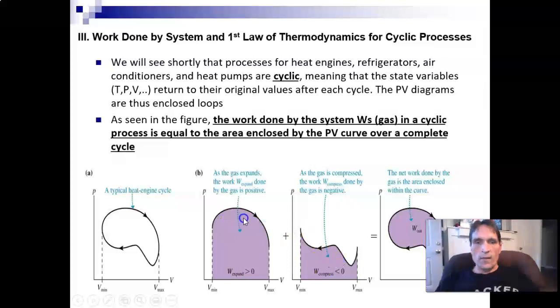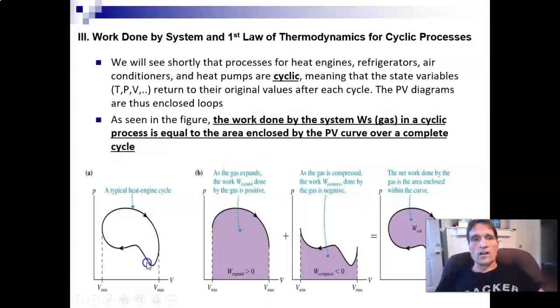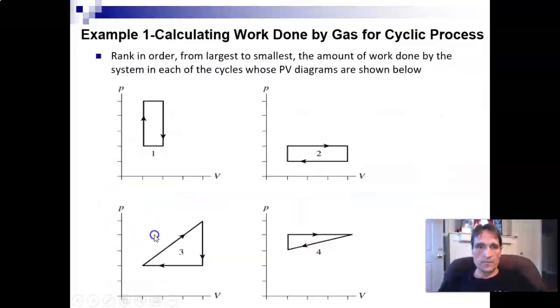And when we add the positive work to the negative work to get the total work done in the cycle, it's just the area enclosed by the loop. And so we have the general result that we're going to use in this section quite a bit, that the work done in a closed cycle by the gas, by the system, is just the area enclosed within the loop.